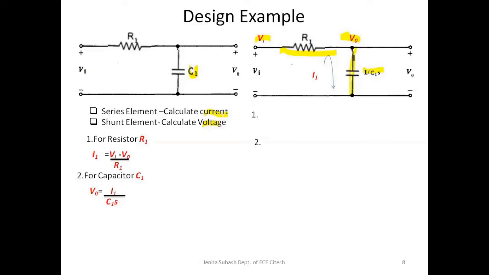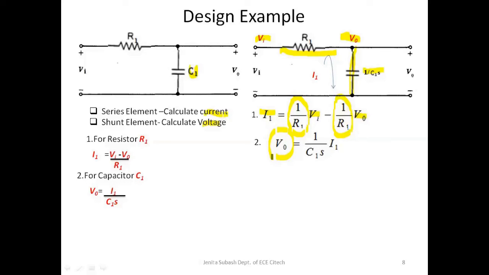Now we have to transform these equations into the general representation of a performance equation, in which the output variable is represented on the left-hand side and the inputs on the right-hand side. I have rewritten equation number 1 for resistor R1. Then V0 is equal to 1 by C1S into I1, which is in terms of output V0, and we have an input I1 with a branch gain of 1 by C1S.